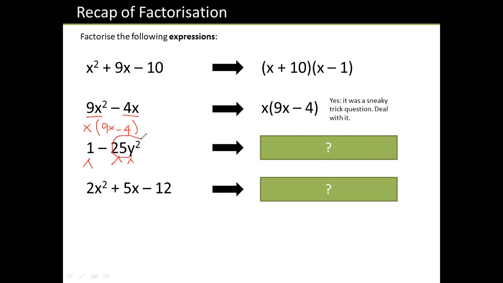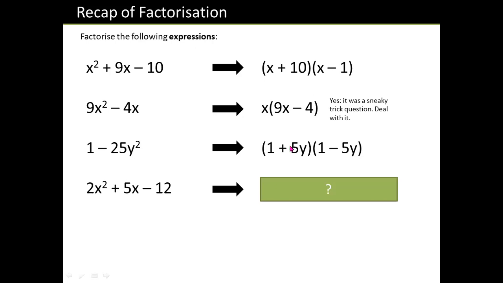Okay, Pepe, what is your answer? Okay, take note, that is a perfect square. So that means it is easier to factor it out. So that will mean 1 plus 5y and 1 minus 5y. So those are the factors of 1 minus 25y squared.